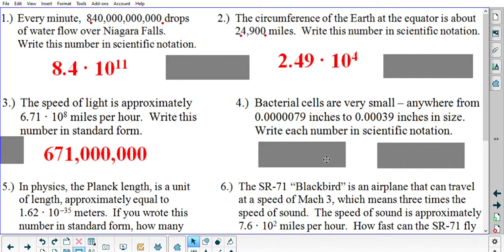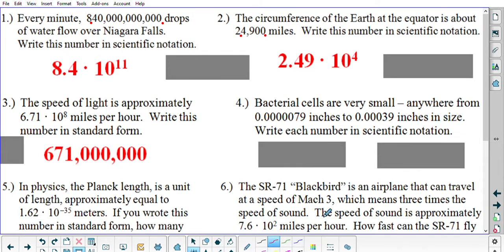Problem number 4, bacterial cells are very small, anywhere from 0.000079 inches to 0.00039 inches in size. Forgive me for not pronouncing those decimals with the correct pronunciations, but you get my idea here. We're going to write each of these numbers in scientific notation.